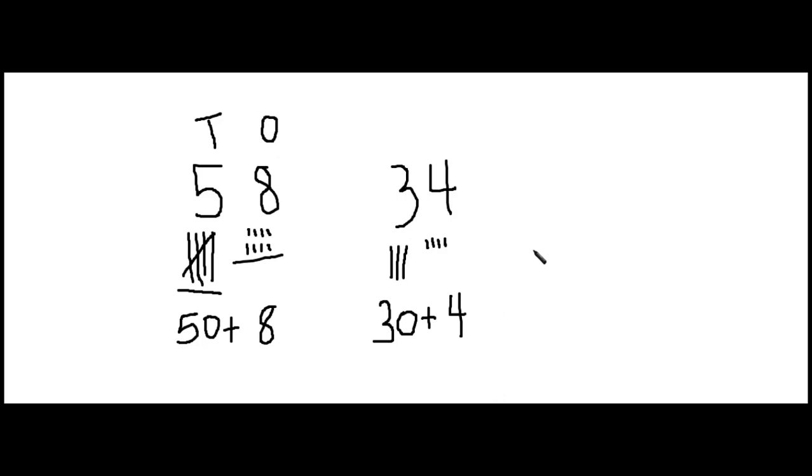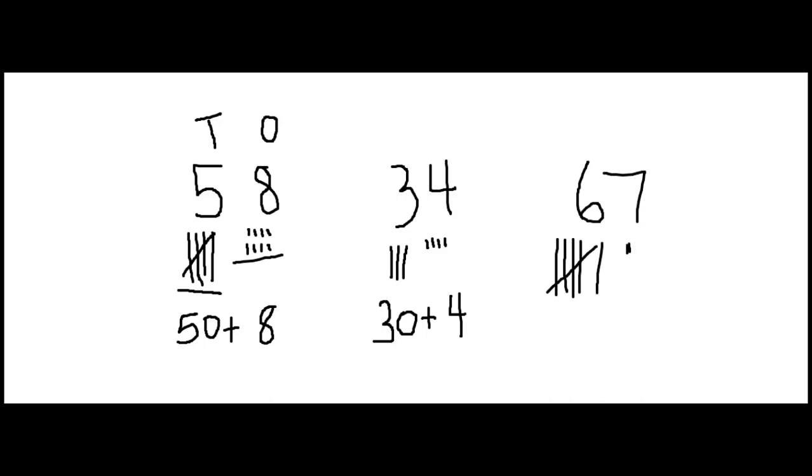We're going to do one more. I'd like you to do 67. Here's 67. Go ahead and spend the next few seconds drawing the picture and doing it in expanded form. All right, here we go. You need 6 10 sticks and 7 ones.